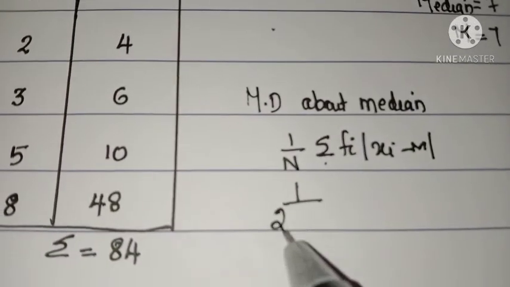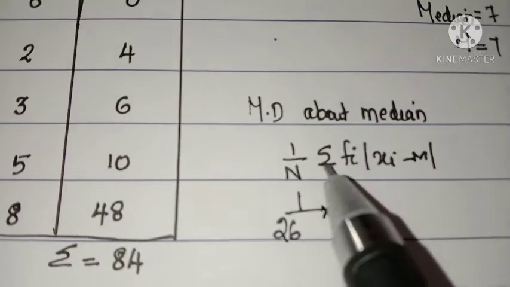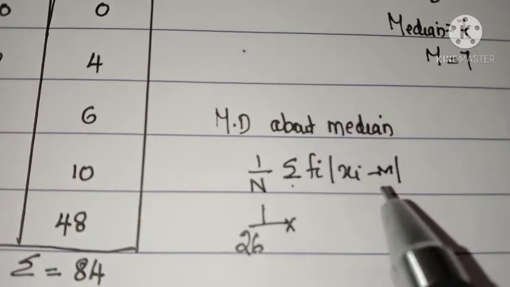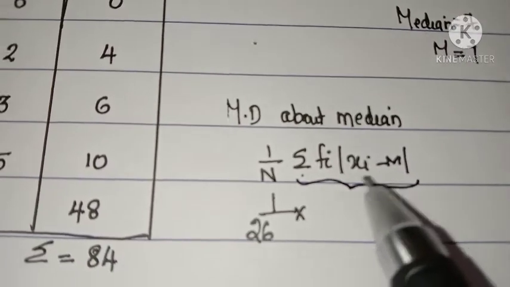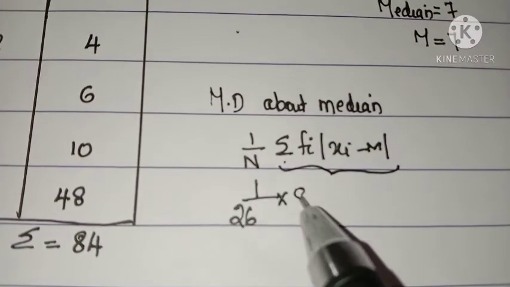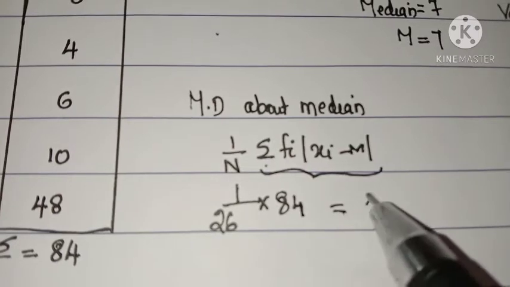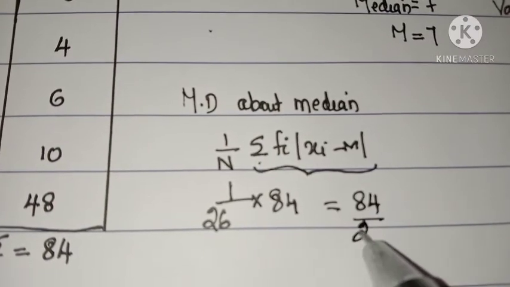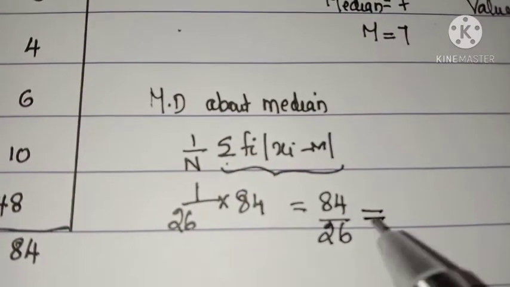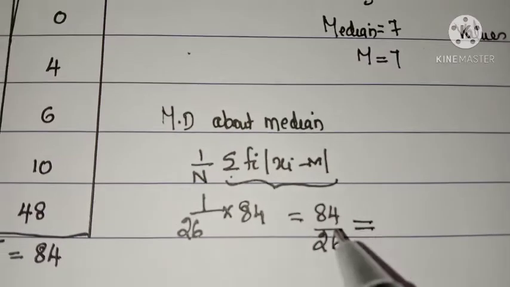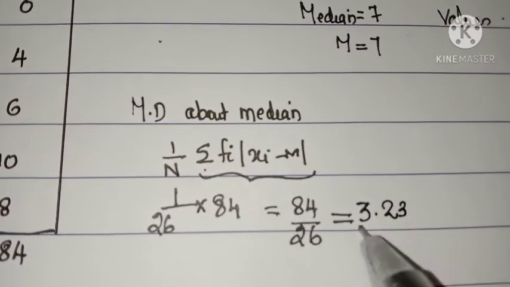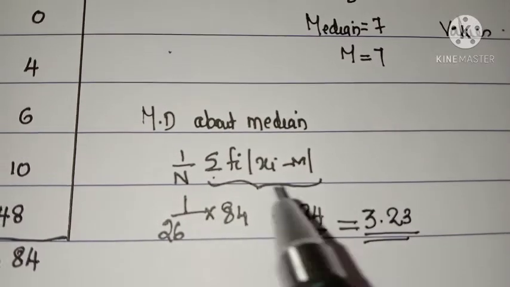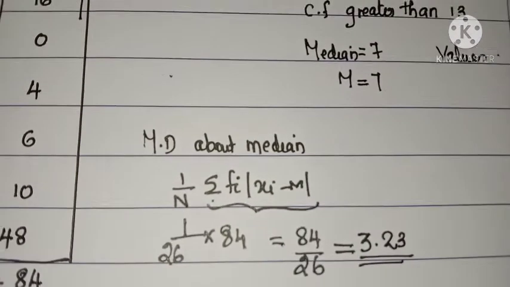So 1 by 26 into sigma fi into mod xi minus m. Sigma fi into mod xi minus m is equal to 84. That is 84 by 26. On simplification, 84 by 26 is equal to 3.23. So this is the required mean deviation about median.